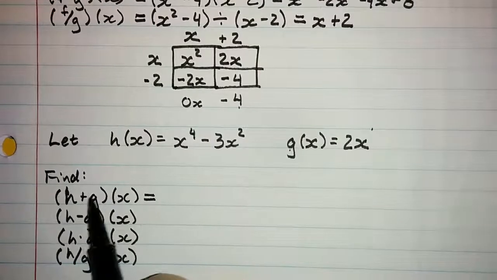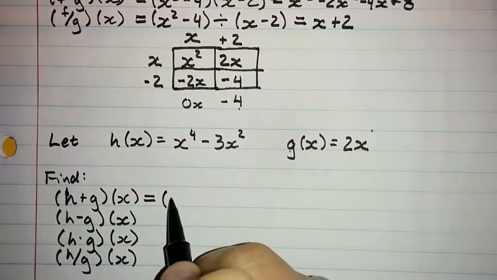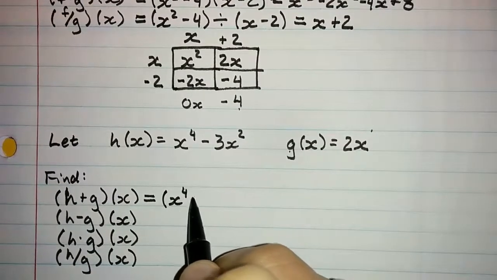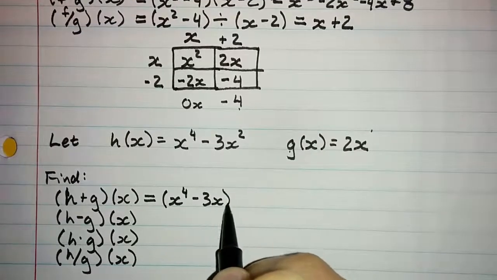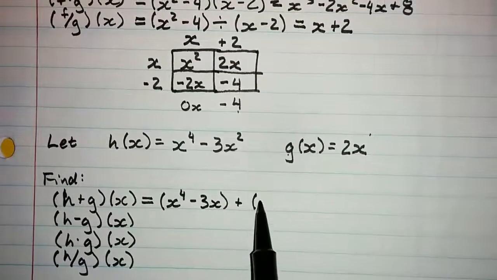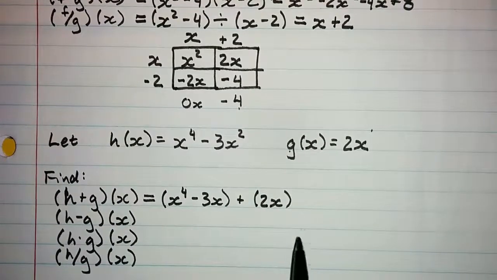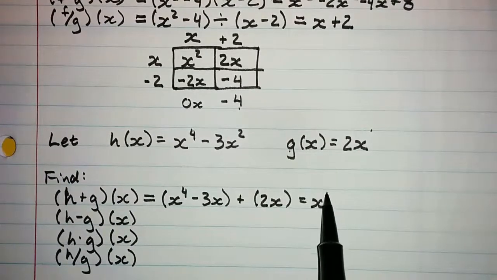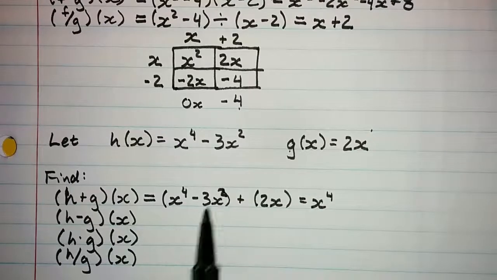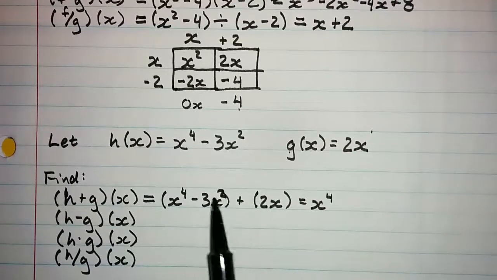All right, h plus g, I'll have x to the 4th minus 3x squared plus 2x. Sorry, forgot the squared.